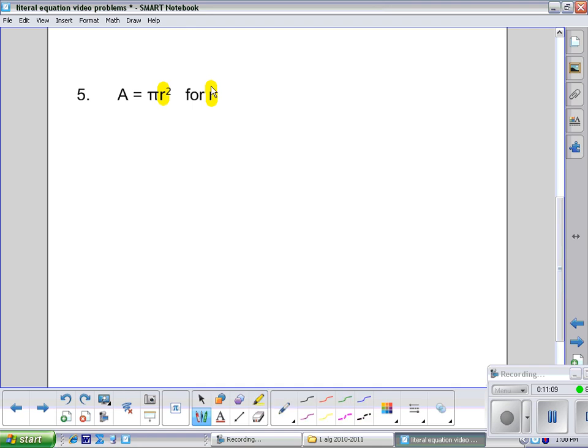First thing, though, is to get r squared by itself. So right now it's pi times r squared, so we do the inverse of multiplying, and we will divide by pi on both sides. So the pi's will cancel on the right, and we're left with A divided by pi equals r squared.